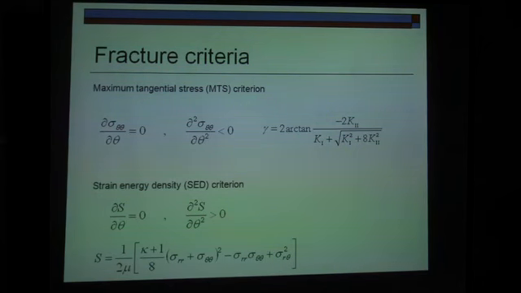Below we can see the strain energy density criterion. This criterion says that the crack is going to propagate in the direction where we obtain the minimum of this value. The last equation is how we calculate the strain energy factor from the stresses.